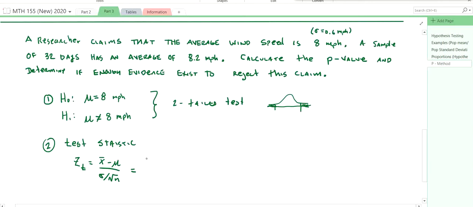So let's put the values in. Our sample mean is 8.2. The mean in the problem is 8. Our population standard deviation was 0.6 divided by square root of 32. And that gives us a value of 1.89.